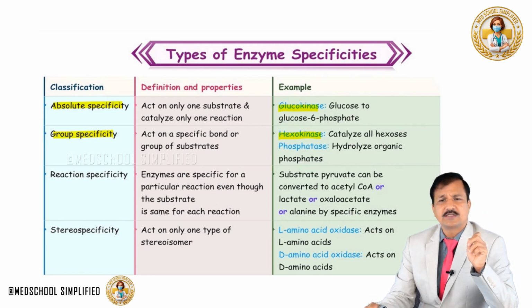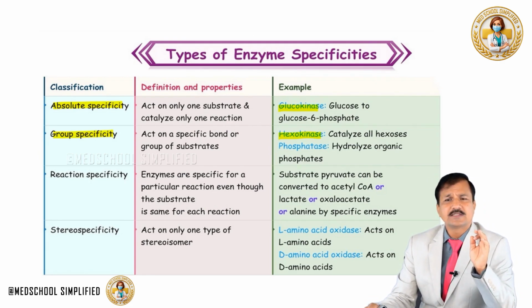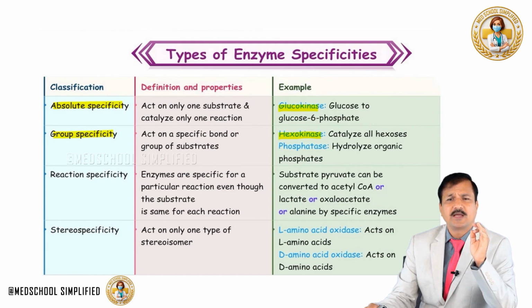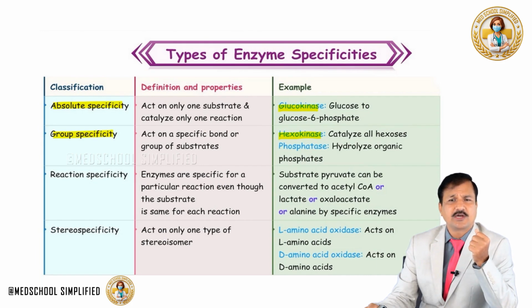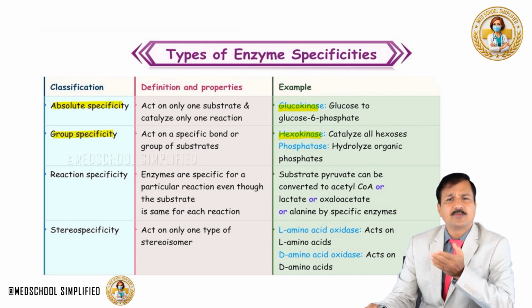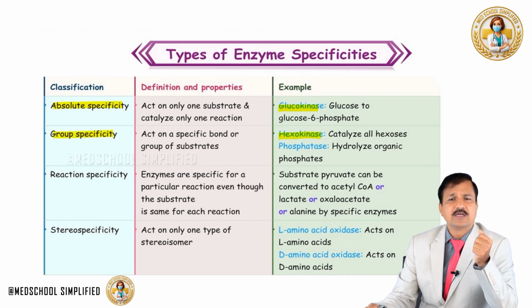So, this hexokinase catalyzes all hexoses by adding phosphate. Like glucose converted to glucose 6-phosphate by hexokinase, fructose is converted to fructose 6-phosphate by hexokinase, mannose is converted to mannose 6-phosphate by hexokinase. So, that means all hexoses are catalyzed by the same enzyme called hexokinase. So, hexokinase has the group specificity there.